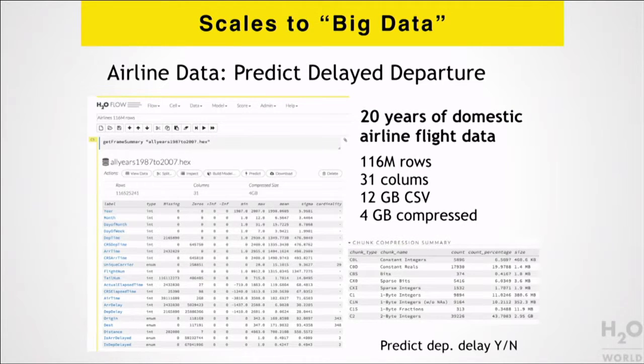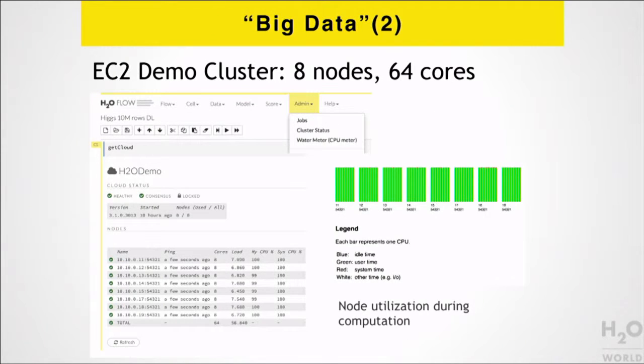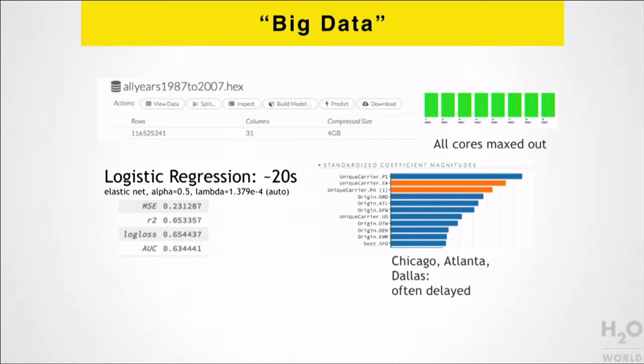The goal here is to predict when flights get delayed based on historical data. We ran this on an EC2 cluster with 8 nodes, 64 cores. As you can see, GLM is pretty good at keeping your cores occupied. It scales well, so you can expect the cluster to get maxed out during computation, and we got the result in about 20 seconds.